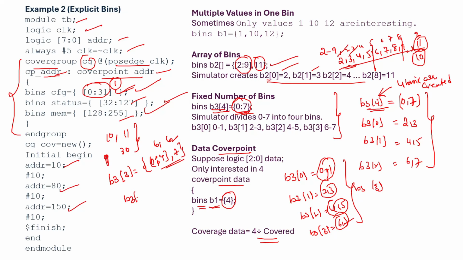That means b3 of 0 is storing the 0 to 4 range, b3 of 1 is storing 7, and b3 of 2 is storing empty. Here two values are there. Two bins, bin 1 and bin 2, but I created three bins. In that, one bin is storing the 0 to 4 range and another bin is storing the 7 value. Then the third bin is not created. The third bin is empty.